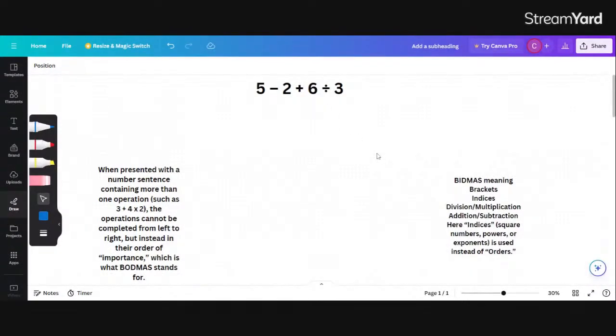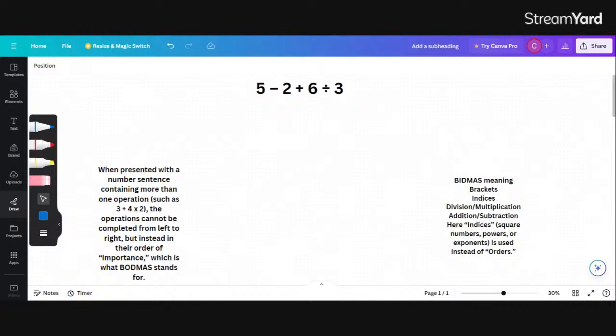Let us revisit BIDMAS. This is elementary mathematics, but I think some of us must have forgotten the rules that govern the operations. I'm going to explain how we go about getting the correct answer to this.